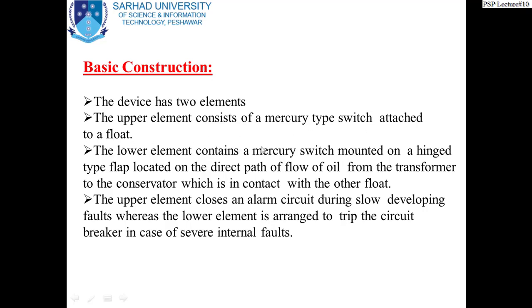The lower element contains a mercury switch mounted on a hinge type flap located on the direct path of the flow of oil from the transformer to the conservator. The upper element closes an alarm circuit during slow developing fault, whereas the lower element is arranged to trip the breaker in case of severe internal fault.